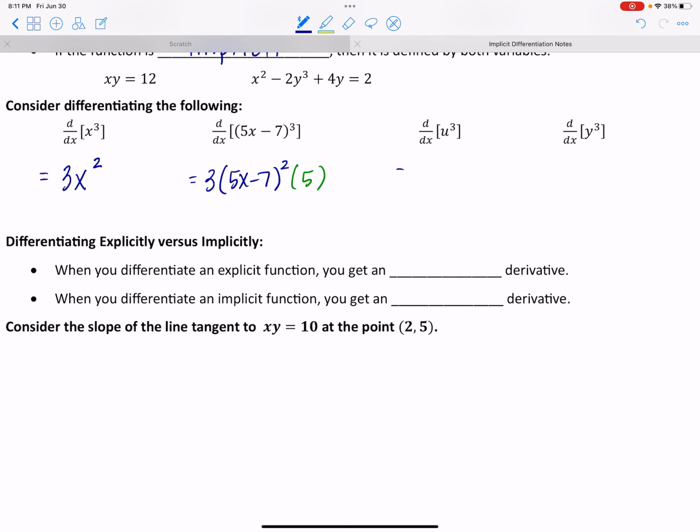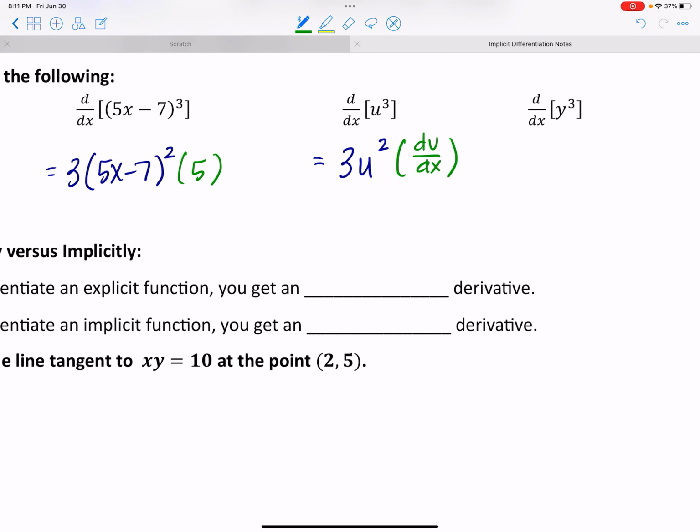So in this case, if I was differentiating with respect to x, u cubed, again, 3 times u squared, still using that power rule, but then we would have to multiply by the derivative of that thing that's no longer just an x. Now because it's generic, we're just going to say it's the derivative of u with respect to x. Okay, that's using the chain rule to generalize the power rule, right?